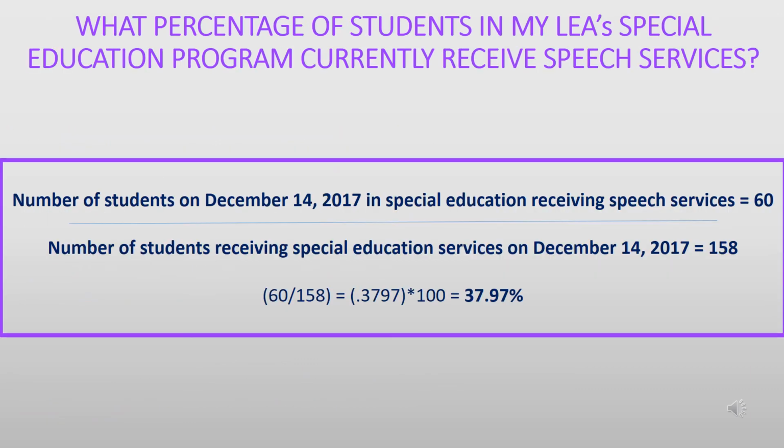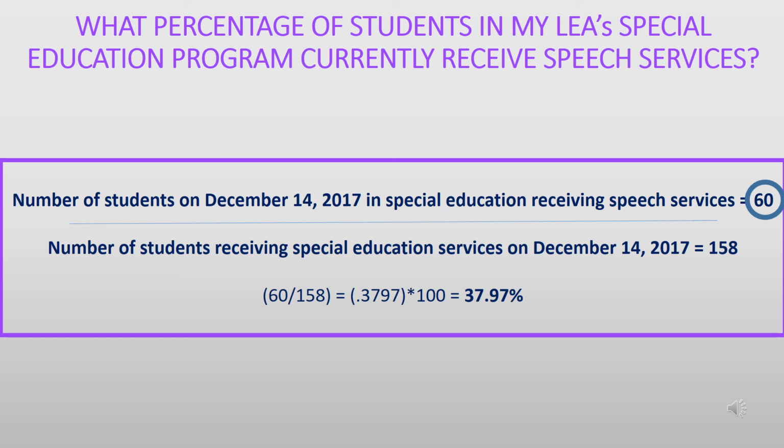So what is the answer to the question? What percentage of students in my LEA's special education program currently receive speech services? The number of students on December 14, 2017 in special education receiving speech services was 60.